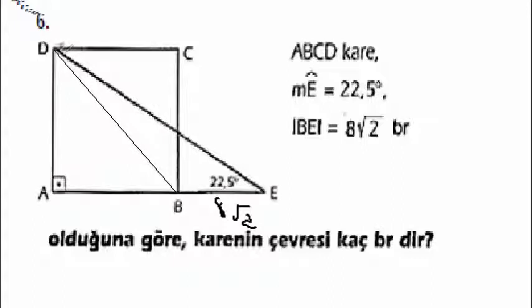So we'll draw this line to make a triangle, and this angle becomes 22.5, which makes the triangle an isosceles triangle. So this side becomes 8 root 2.